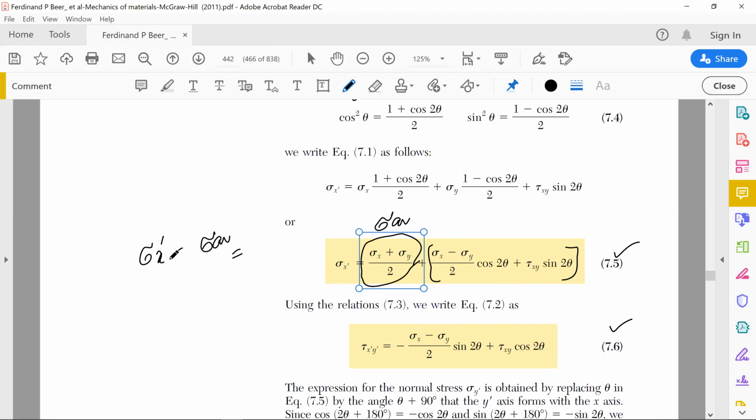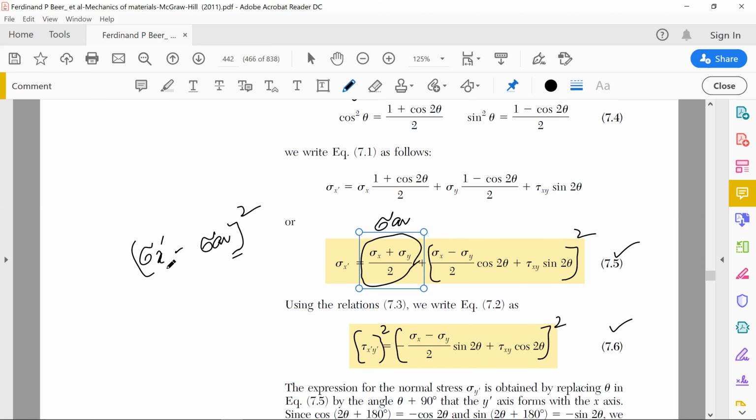Then he took the square of that, and he took the square of the other equation and solved it.